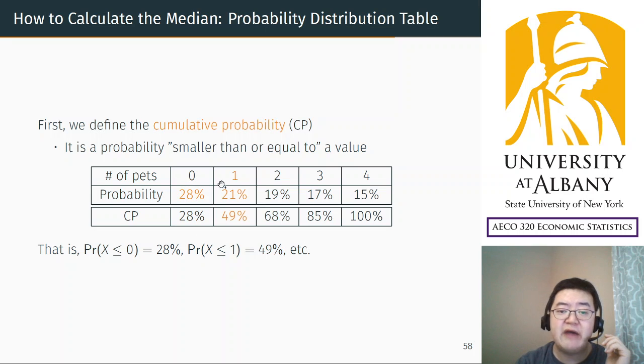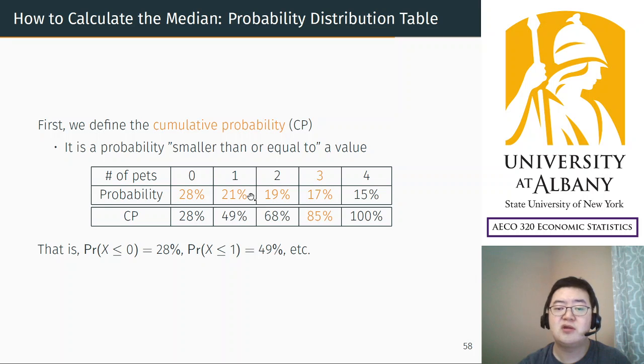But when you have 1, the cumulative probability includes two outcomes, 0 or 1, so these two probabilities are added. If you choose 2, you accumulate one more probability. So smaller than or equal to 2 includes three outcomes, and the sum of three probabilities makes the cumulative probability, which is 68%.